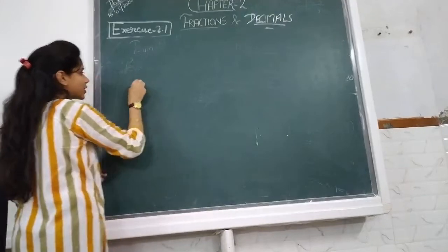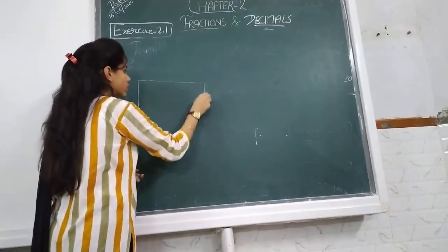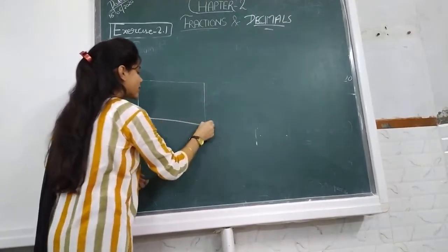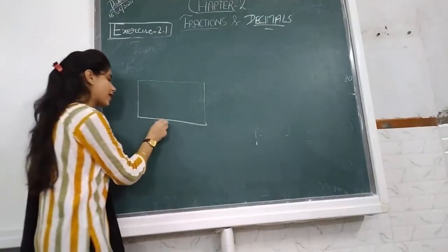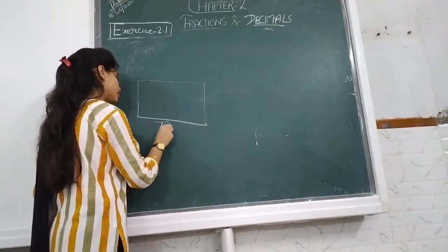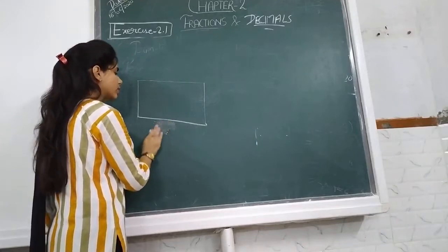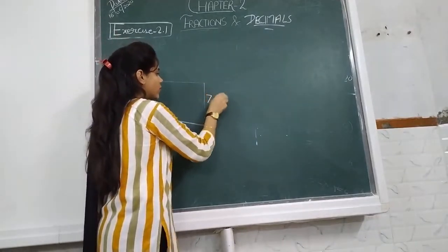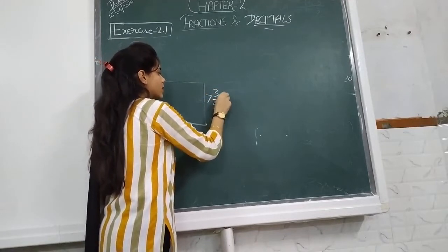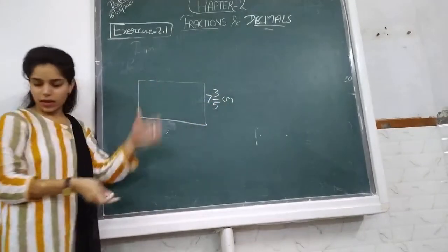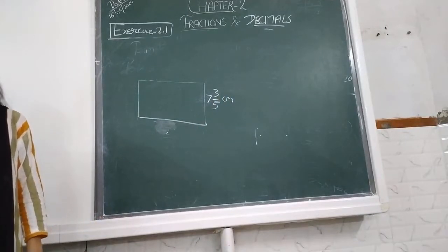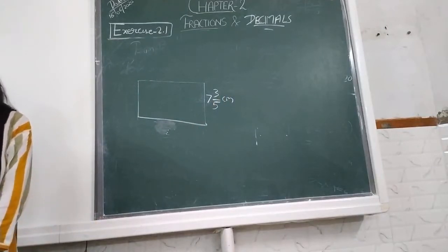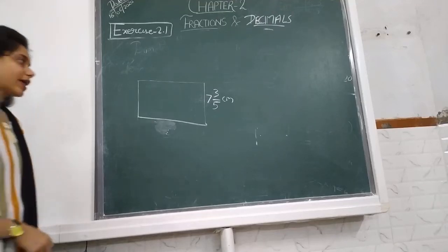Suppose this is a picture of Salim, and it is 7 3/5 centimeter wide. Now to fit it into the frame, this picture cannot be more than 7 3/10.